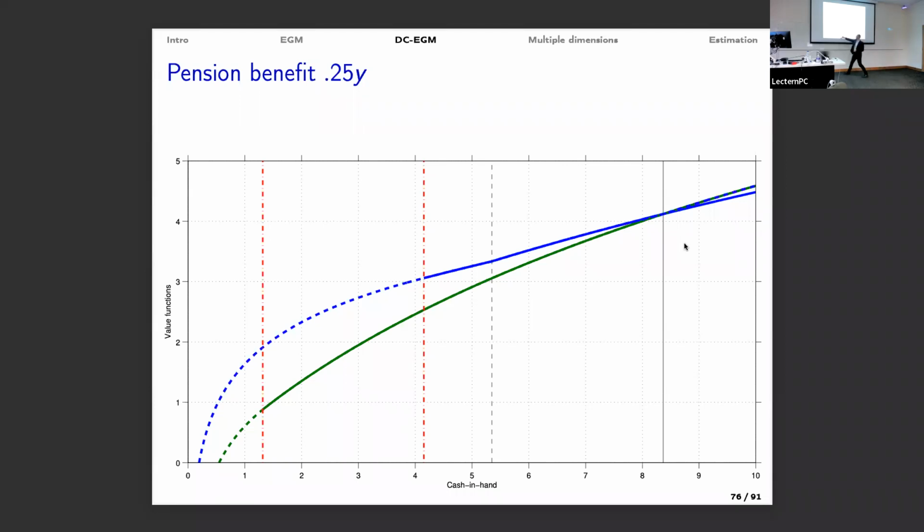So this is the point where the credit constraint starts to bind on all of this region for the retirement choice, and that's the one which binds for the working choice. But what we can say is that in this region here, we have analytical expressions for all of these value functions.